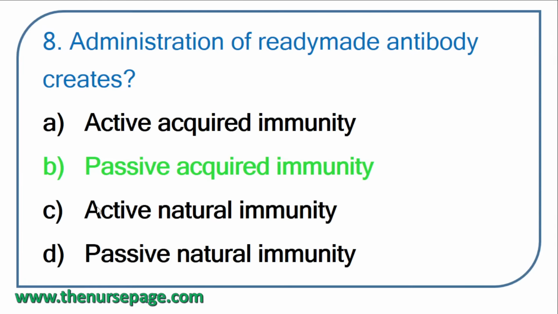From the mother, the antibodies are given to the baby through the natural way, that is through the placenta or breast milk. Then the baby is getting immunity. That is known as passive natural immunity. So I think it is clear. Administration of ready-made antibody creates passive acquired immunity.